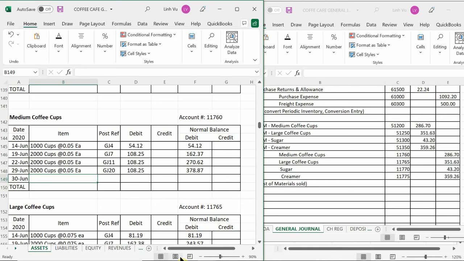If you sold 5,297 cups, how much do you have remaining? You show 1,703 remaining.